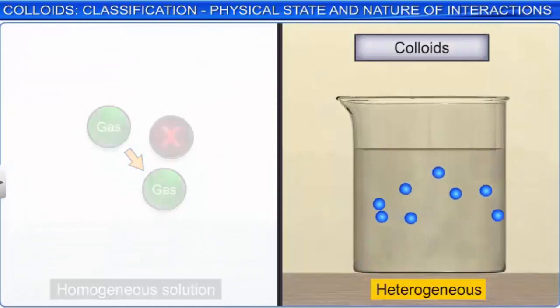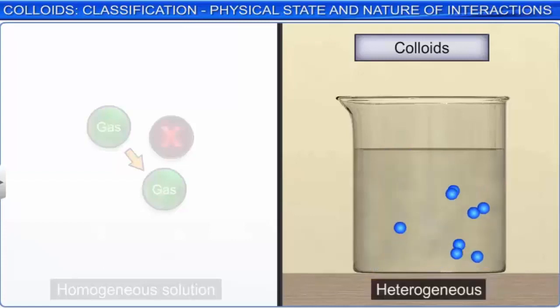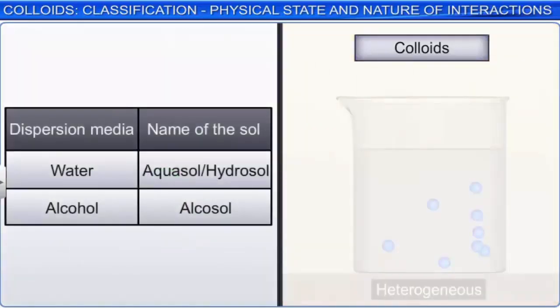Depending upon the nature of the dispersion medium, sols are given different names. For example, if the dispersion medium is water, then the sol is called an aquasol or hydrosol. And when the dispersion medium is alcohol, it is called an alkosol.